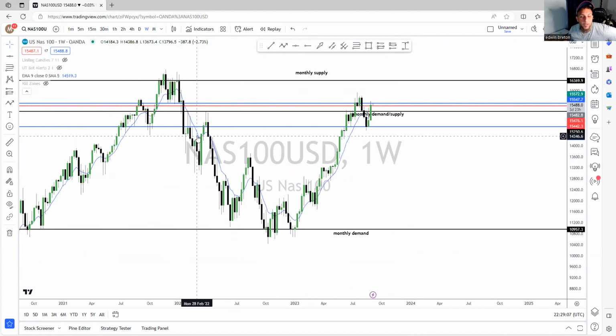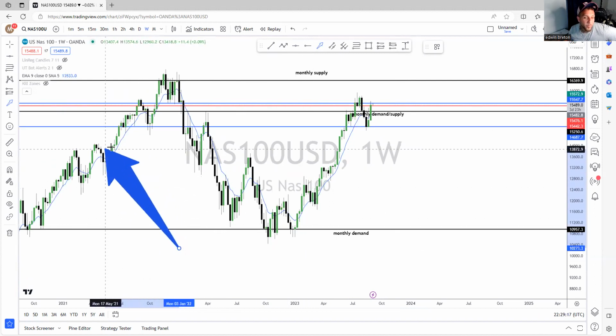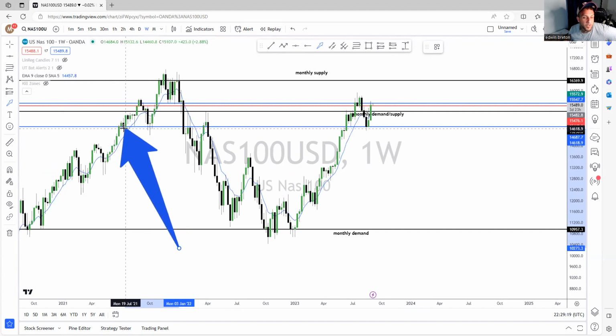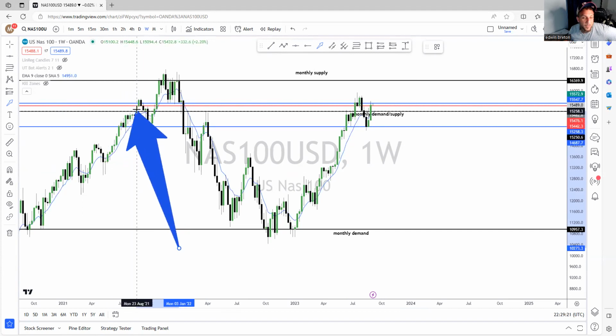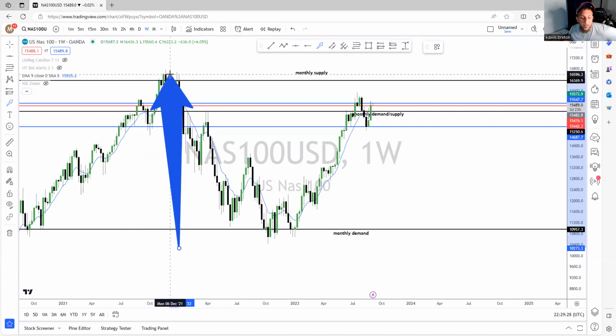If we look left, I marked this area here at 14,700. When we created this higher high, pushed up to a higher low, bounced off this level, created a new higher high, came back down to the same demand zone, pushed off this same exact level, created a new higher high.